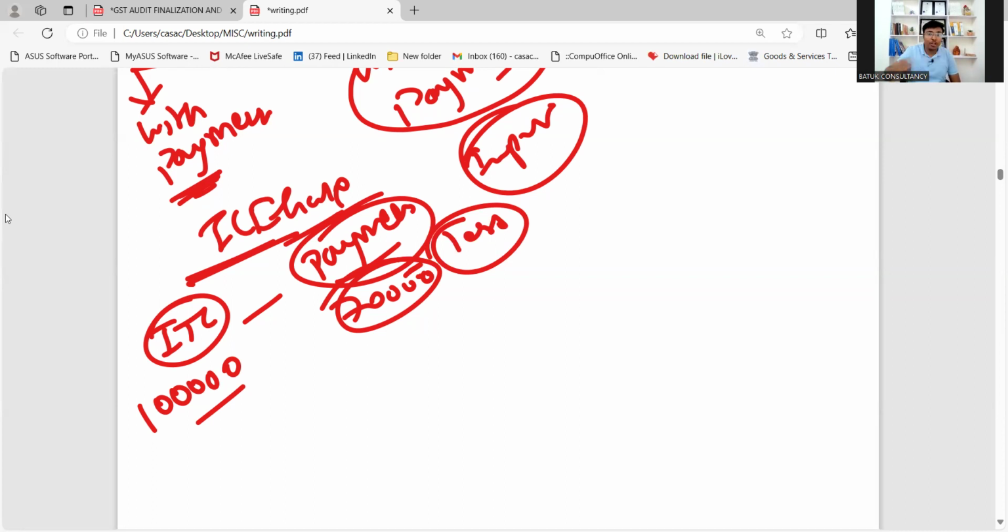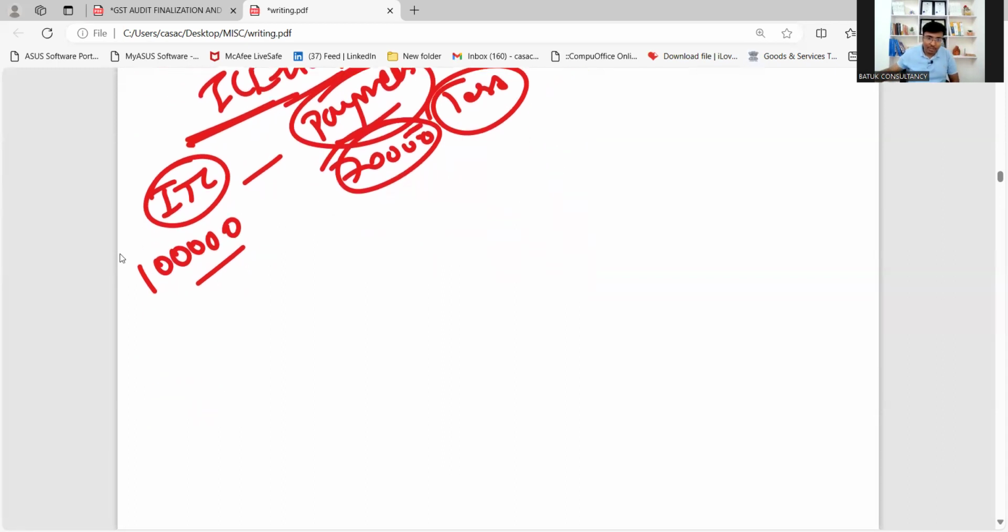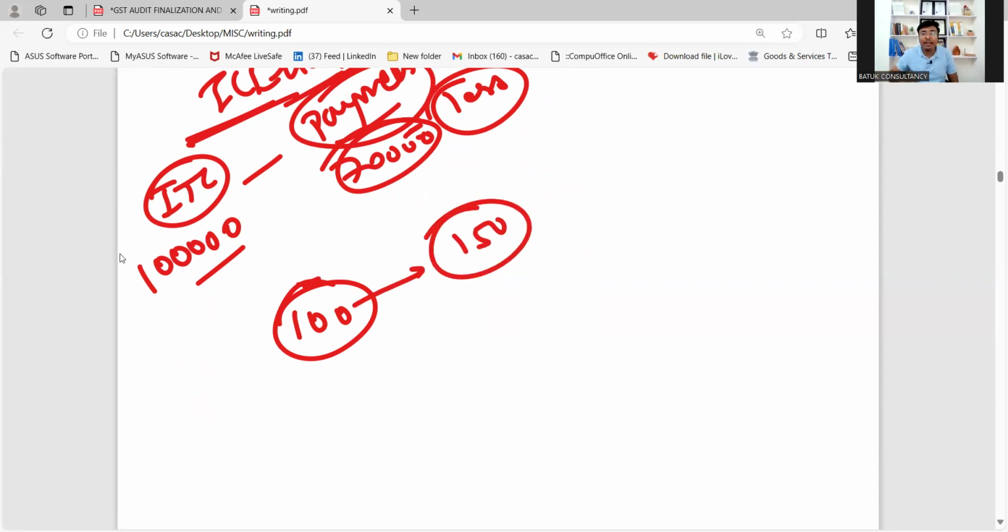Okay, also you need to ensure the price of the goods. हमको पता है whatever will be the price. Suppose if I am going to sell a particular product in the domestic market at 100 rupees, I cannot sell that product in the international market beyond 150 rupees. So we just need to ensure the price; that will be part of your valuation. This is also a very important task, because कई बार क्या होता है, हम लोग just check करते हैं that the person has made the export, we check the data from the ICEGATE portal, and ICEGATE portal से मैंने check कर लिया कि yes this is the invoice, everything is fine.